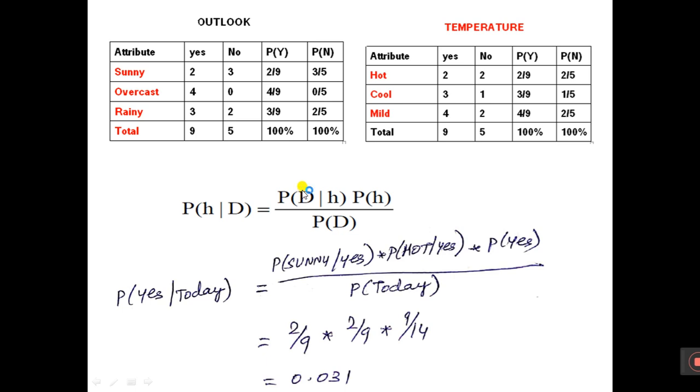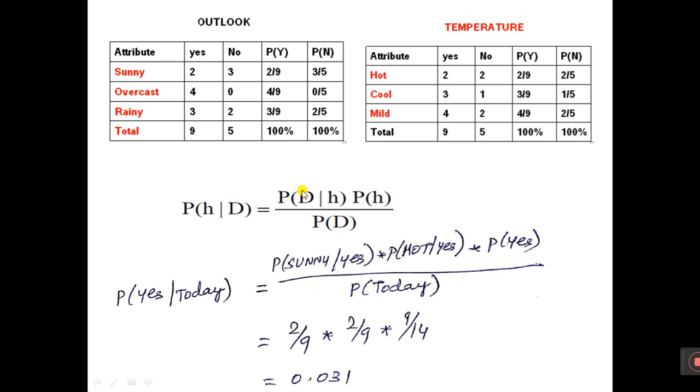So first I need to get the probability of S. For today, data set today, I am going to check the outlook sunny and temperature hot. So first I need to do the probability of S. So probability of S today is equal to probability of sunny in the given S multiplied with probability of hot in given S multiplied by probability of S divided by total probability of the data given today.